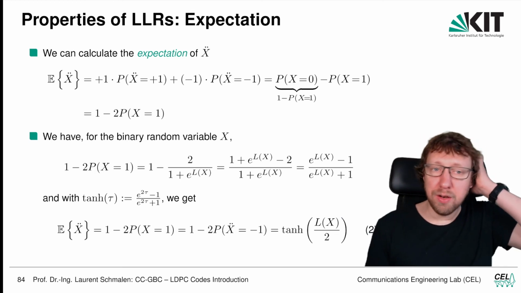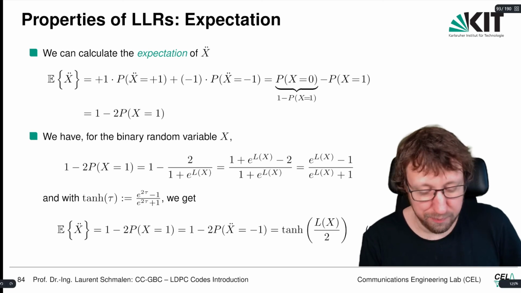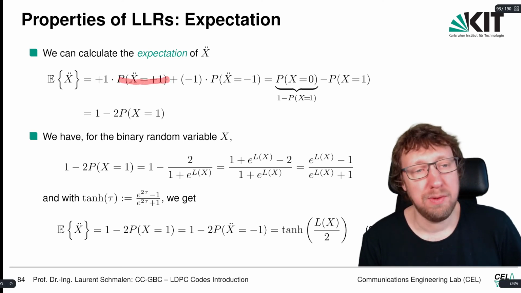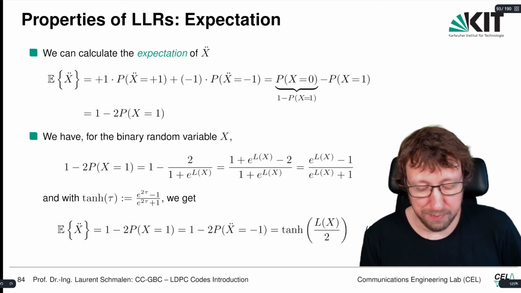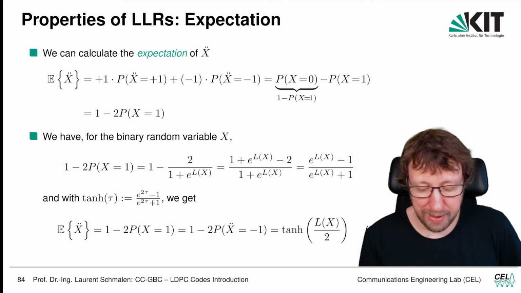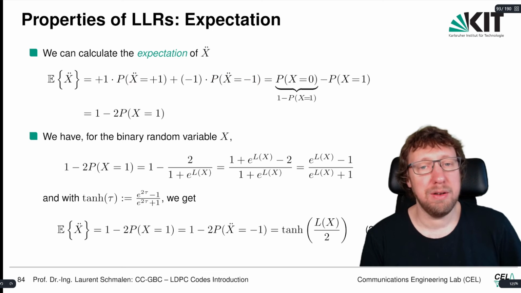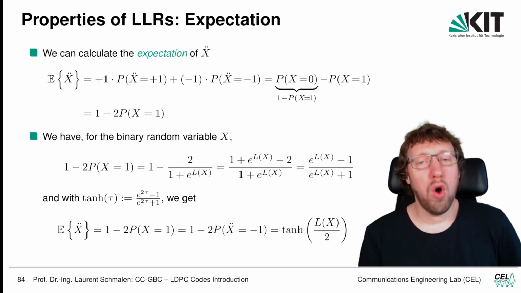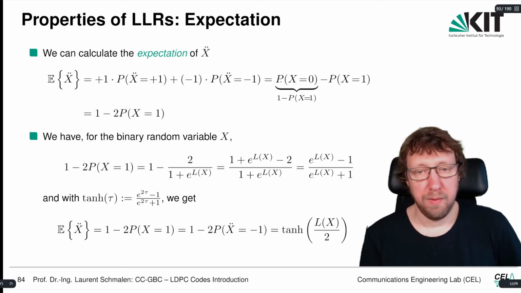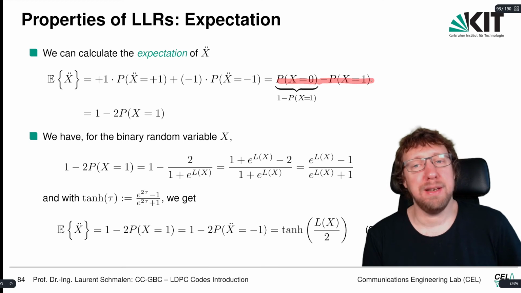The expectation of x double dot is plus 1 times the probability that x double dot is equal to plus 1, plus minus 1 times the probability that x double dot is equal to minus 1. So this is the probability that x double dot is equal to plus 1 minus the probability that x double dot is equal to minus 1. Or, to keep things binary, this is the probability that x equals 0 minus the probability that x equals 1.